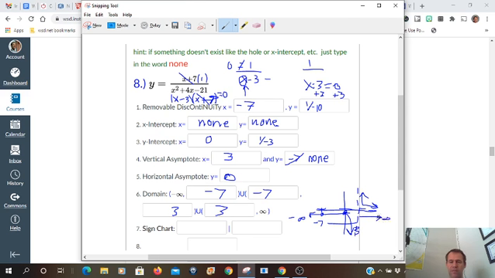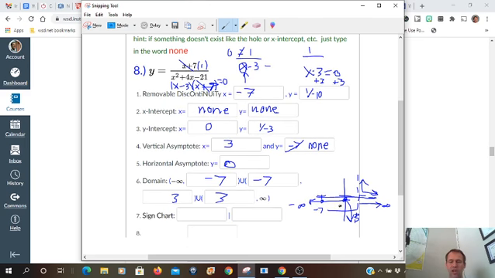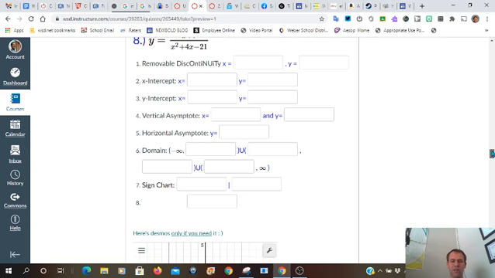Hopefully that helps you understand the domain. In the sign chart, it's negative until we get to the 3, then the graph jumps up to positive. So it's negative, then positive, and it's the 3 that we have to skip over.